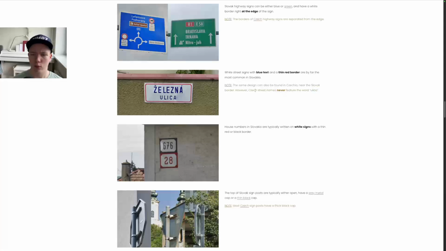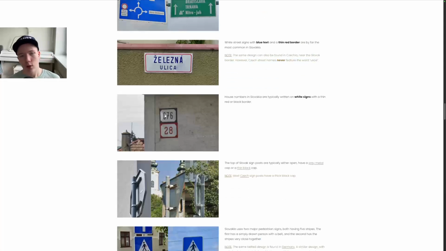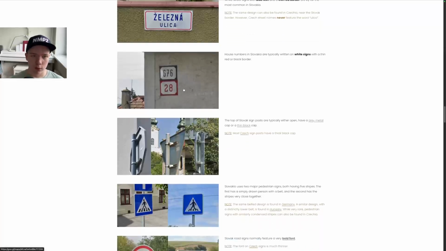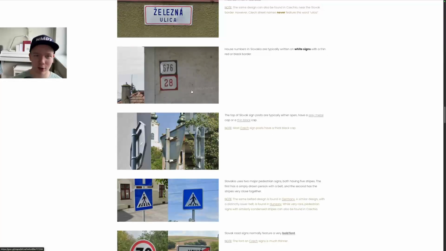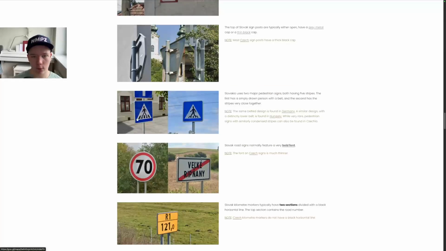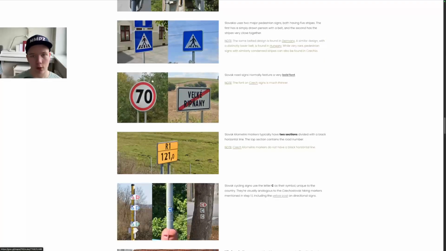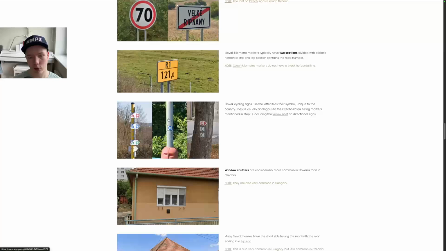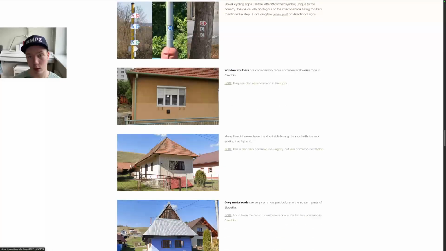I don't know. I mean, I'm really also not too good at Slovakia and kind of Czechia stuff, so I'm not really qualified to talk about this too much. Kind of general signs, 5 stripes here on the pedestrian signs. Yeah, quite bold font here. Window shutters.